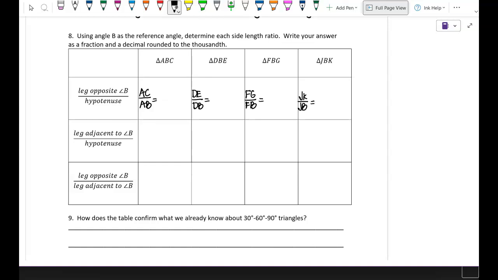So in just a moment, those are the ratios you're going to fill in your numbers for and calculate their values. For the leg adjacent to angle B over the hypotenuse, for the first one, that would be BC over AB. Then triangle DBE would be BE over DB. Triangle FBG, that would be BG over FB.